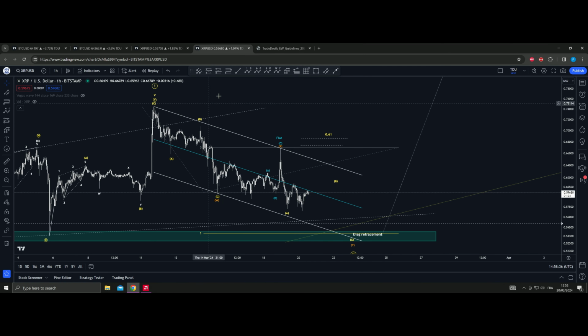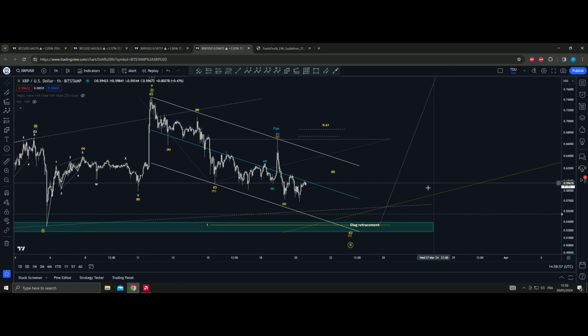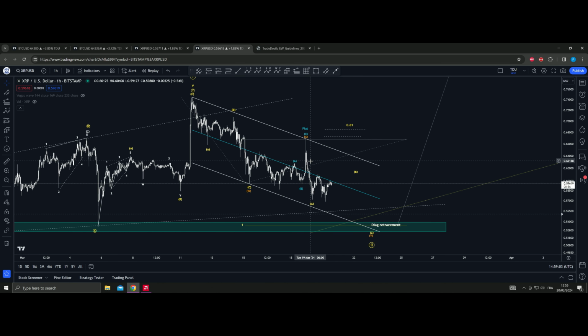That means that the wave W, the size of this, should be similar to size of Y. Now if we measure, let me delete this because it's that. We measure origin to W, we go down up to X, one-to-one falls here again. This is like the juice zone and the confluence of where we want XRP.